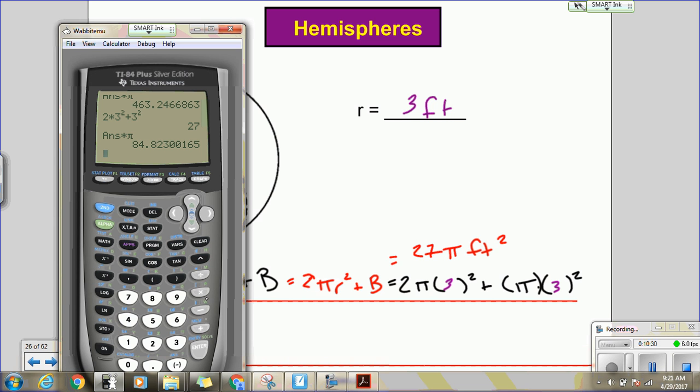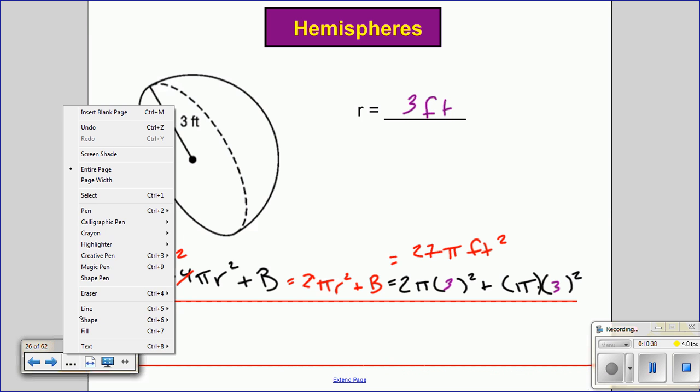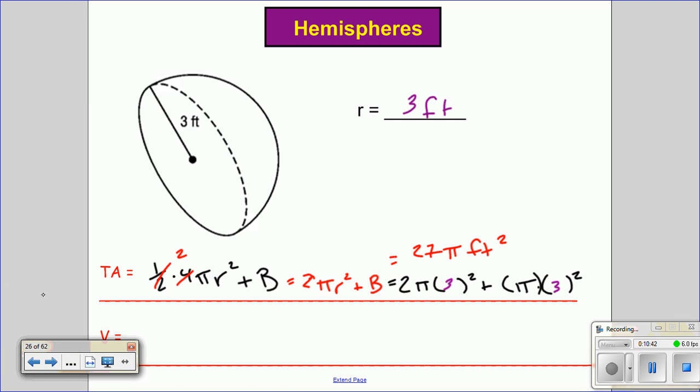And you get approximately 84.8 if you're rounding to the tenths. 84.8 feet squared.